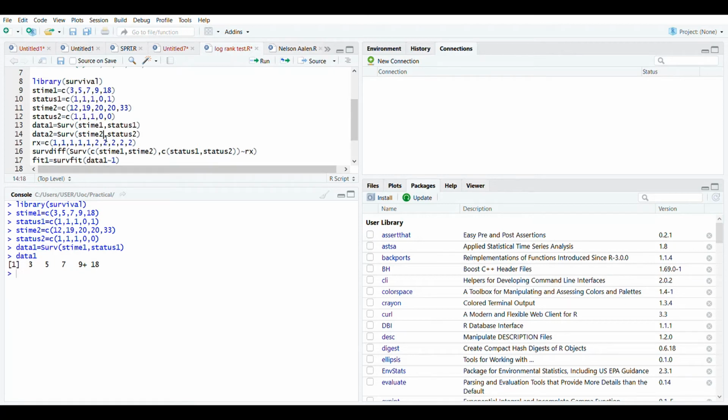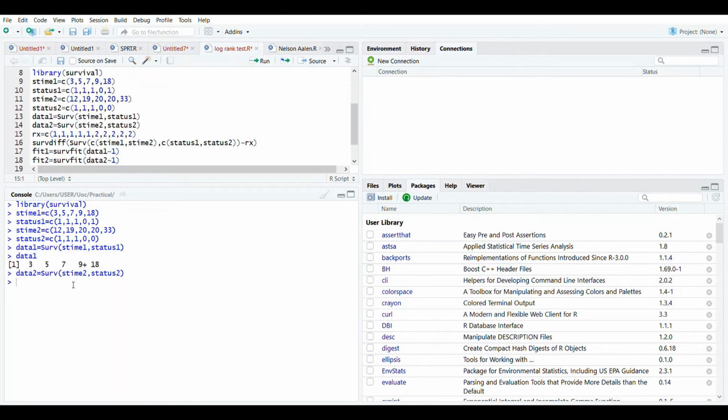Similarly, data2 = Surv(stime2, status2), and calling data2, we get the survival times of patients assigned to treatment B.